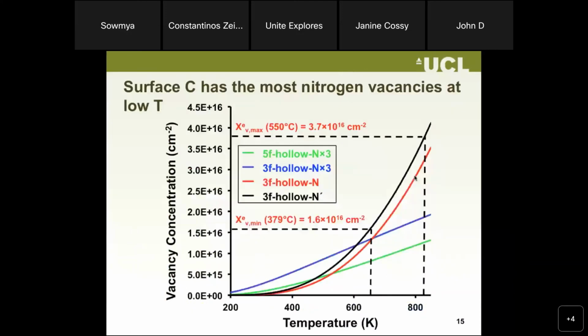This is shown in this vacancy concentration diagram as a function of the temperature, where you can see that in the temperature range that we were interested in, which was between 400 and 600 Kelvin, surface C had the highest density of these nitrogen vacancies.